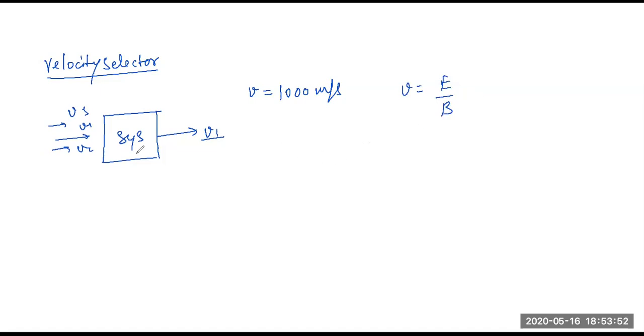Because I want the particle to come here with V1, go straight, and come out of the system. I have made a narrow channel like this, so there is a narrow opening here. Sorry, I'll redraw it.